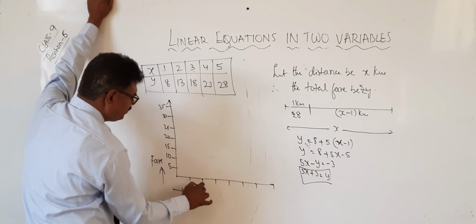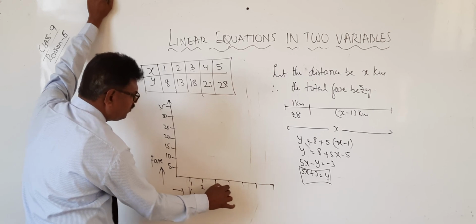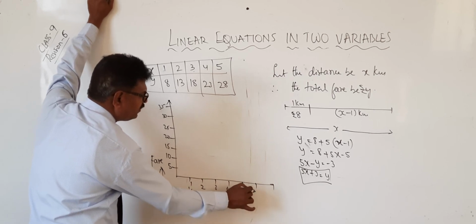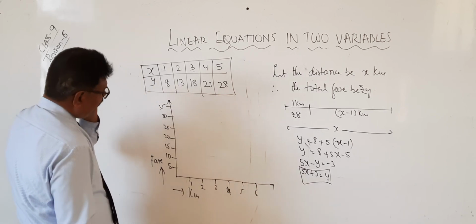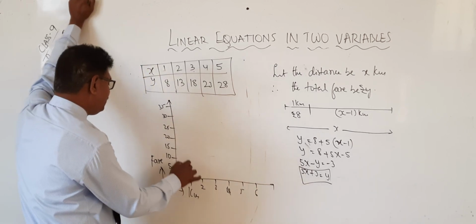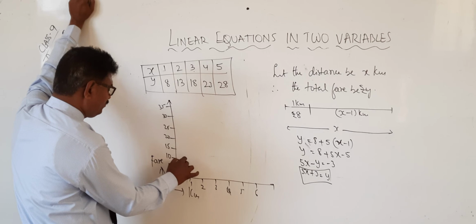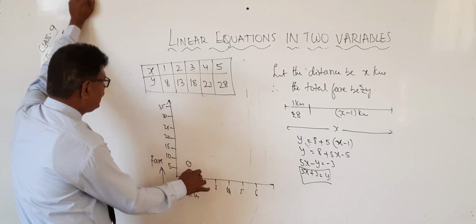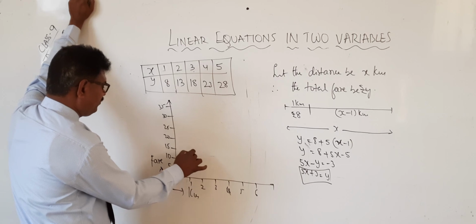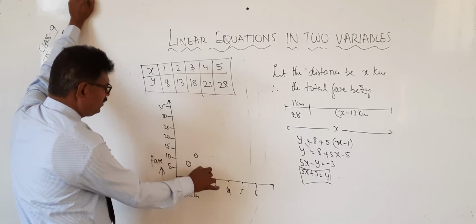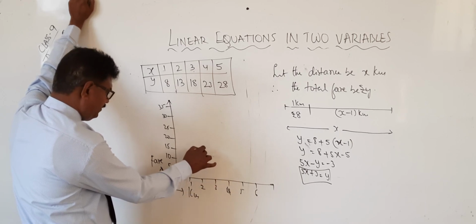Here first kilometer, second kilometer, third kilometer, 4, 5, 6. First kilometer is 8. Second kilometer 13. Third kilometer 18.